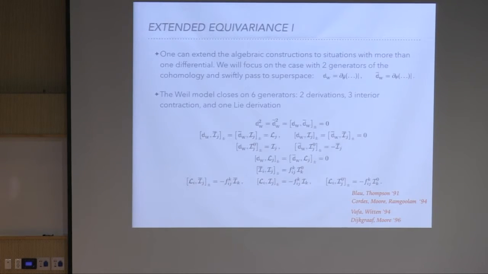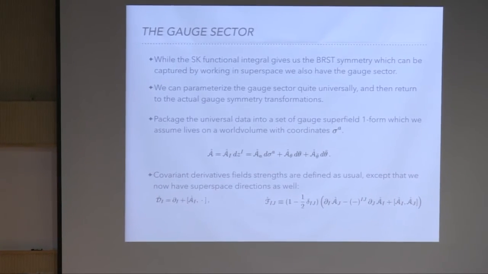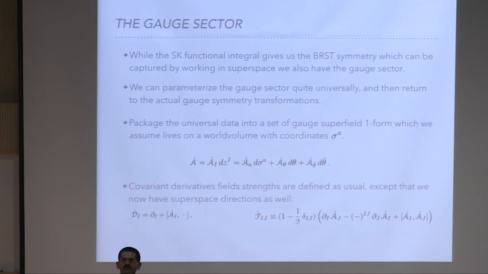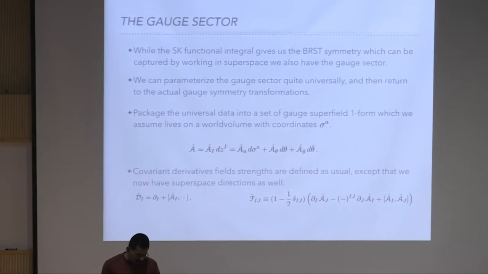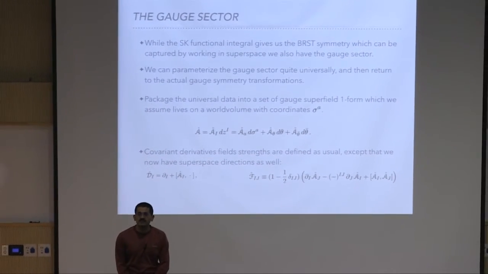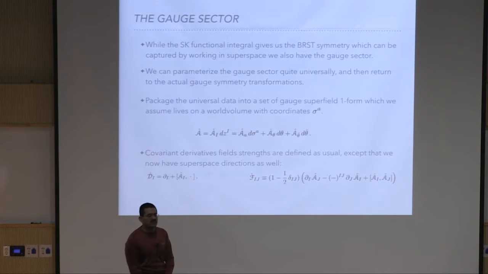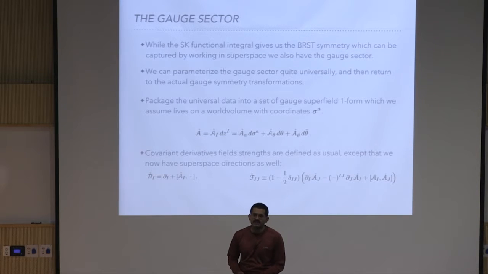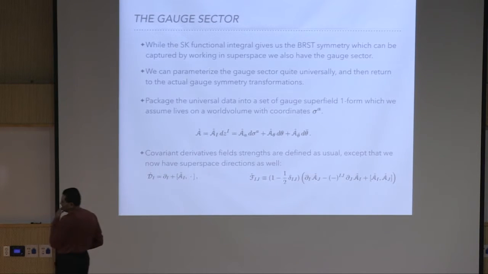Now, while I started out the discussion by saying you have a Q SK, Q bar SK, Q KMS, and Q bar KMS, I have to make a decision at some point of which of these are actual cohomology generators and which are interior contractions. It turns out that Q KMS and Q bar KMS are interior contractions, and therefore they must satisfy some gauge algebra, because they correspond to vector fields propagating on the Schwinger-Keldysh extended superspace. I'll tell you what the gauge algebra is in a second.